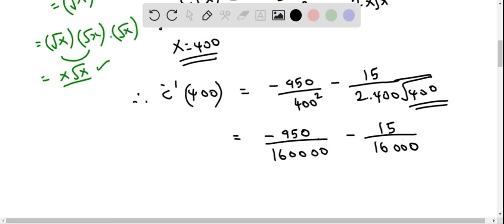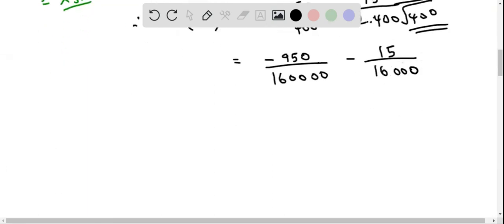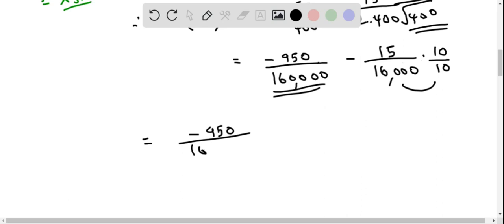Let's simplify and evaluate this. Look here, we have 160,000, and this is 16,000. So 160,000 is the common denominator. That means we can multiply and divide this by 10 so that we get 160,000 for the second fraction. So this becomes negative 950 over 160,000.